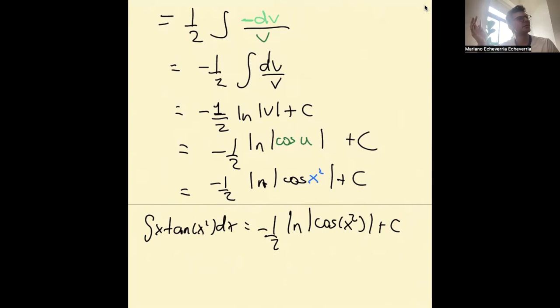The absolute value makes not much of a difference in this case. That would be the antiderivative for the indefinite integral.